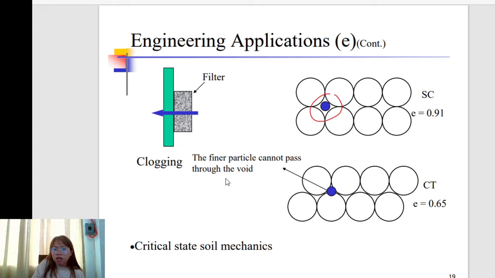The finer particles cannot pass through the void. This is the simple cubic and the cubic tetrahedral arrangement of particles. It is like there is a filter in the cubic tetrahedral, which has a lesser void ratio.